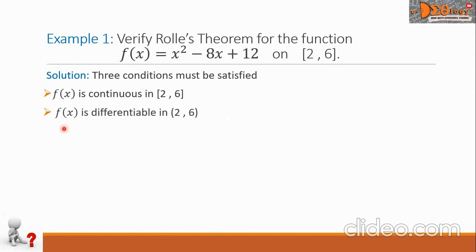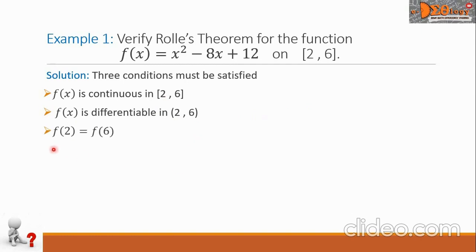Second condition, f of x is differentiable in the open interval from 2 to 6. It means if we take the derivative of the function, we will get 2x minus 8. And this function here is defined in the open interval from 2 to 6.